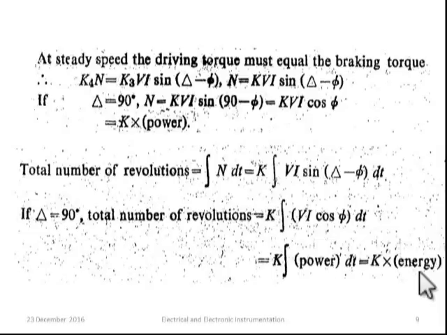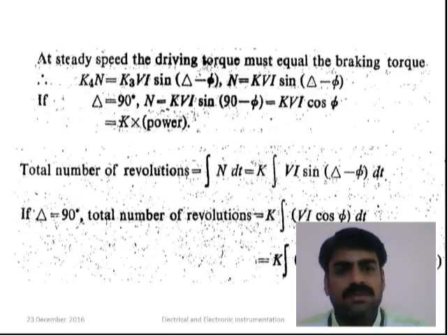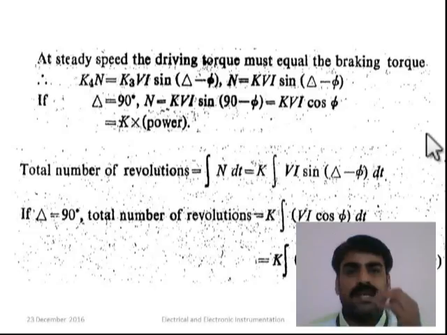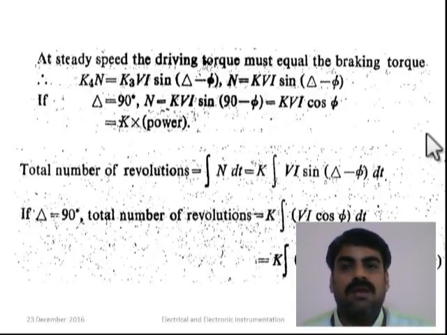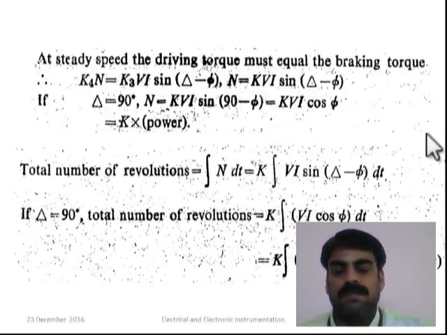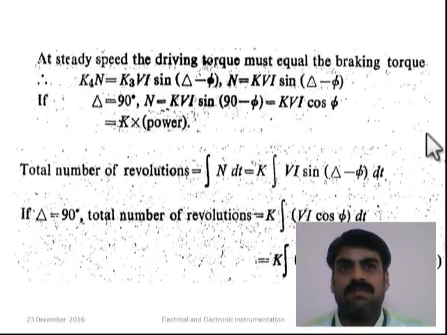In day-to-day life, many of us might have noticed either an analog type energy meter or a digital type energy meter. Based on the speed of the rotating disc, we come to know what kind of load we are using in the place. When the disc rotates very slowly, it means only a light load is used in the place, and vice versa when we are using a heavy load.